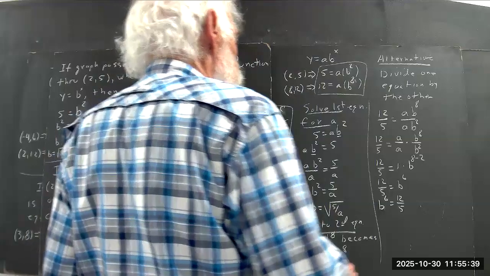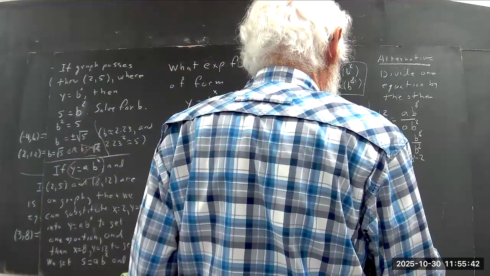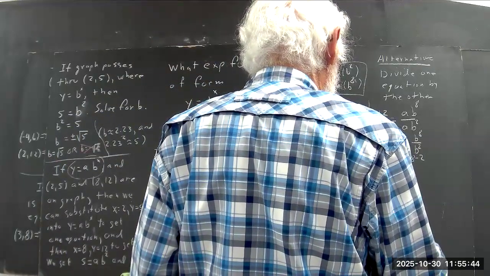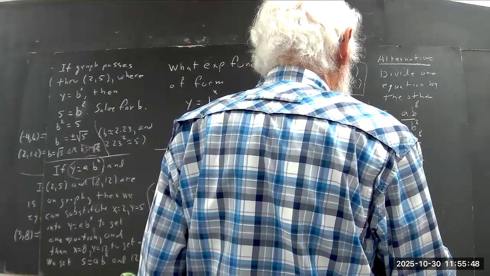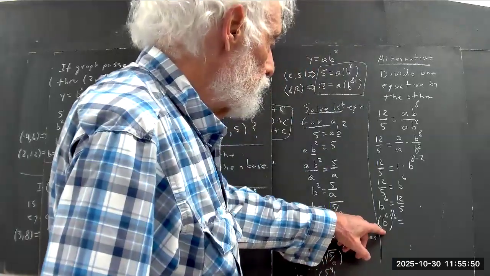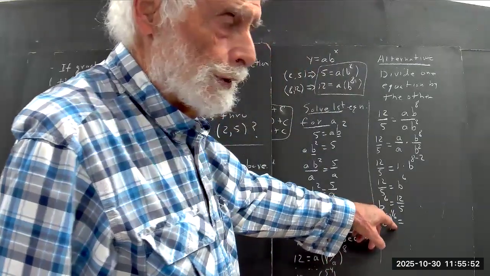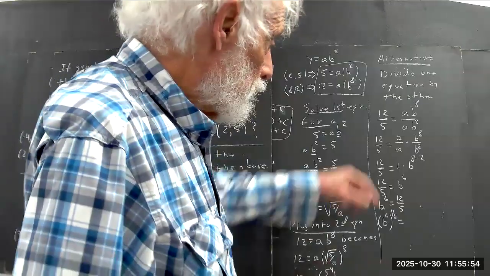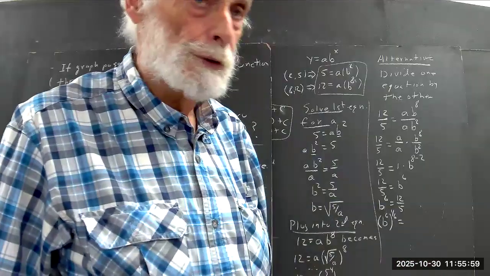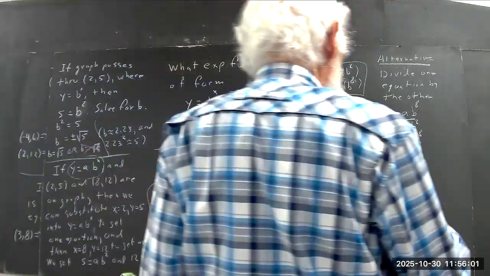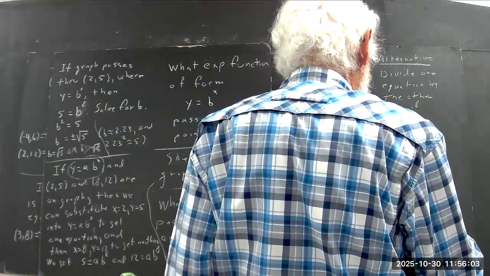So what we have to do at this point, we want to get B. So we raise B to the 6th to the 1/6 power. Because you know, when we do an exponent of an exponent, we multiply the exponents. And then we have to do that on the right side.